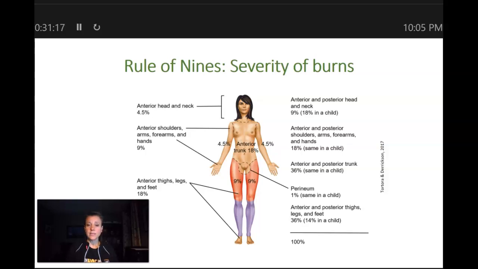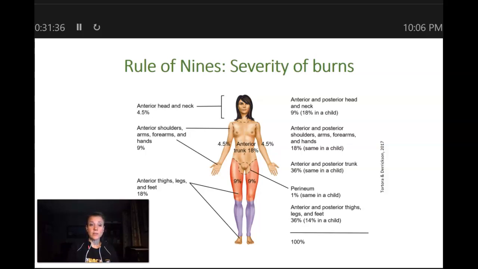And once again, you can see that you've got the rule of nines here. Now, I'm not going to ask you on a test, what percentage is the anterior part of the head? That's not it. What I want you to know is why healthcare professionals use the rule of nines.